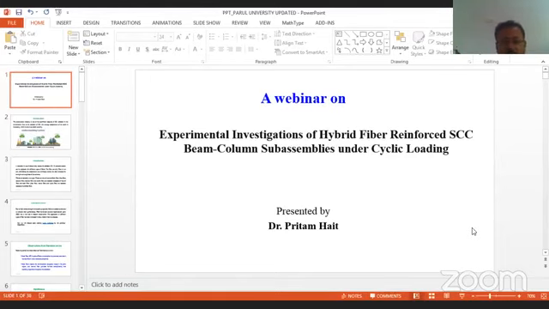This kind of research is promoted by the government nowadays. Green building in the sense which reduces the demand of the cementitious material and also reduces the emission of carbon dioxide. So it will be very helpful to the environment and the society in the long term.